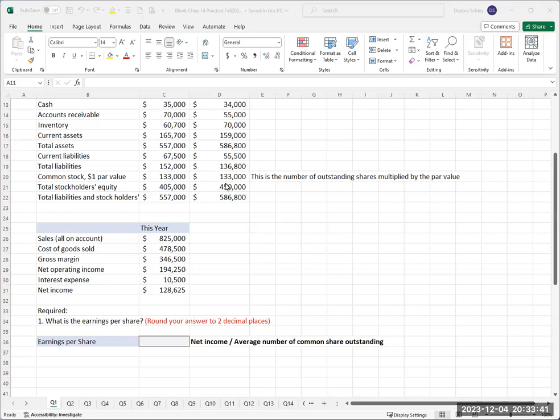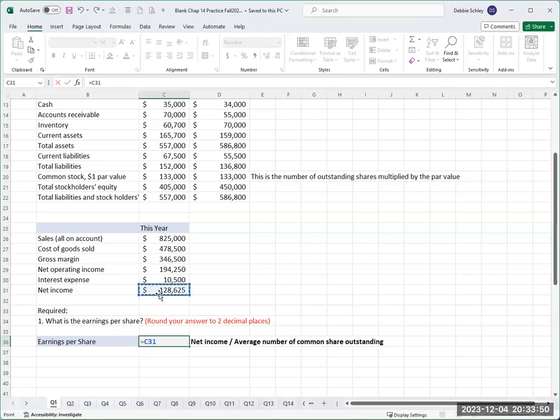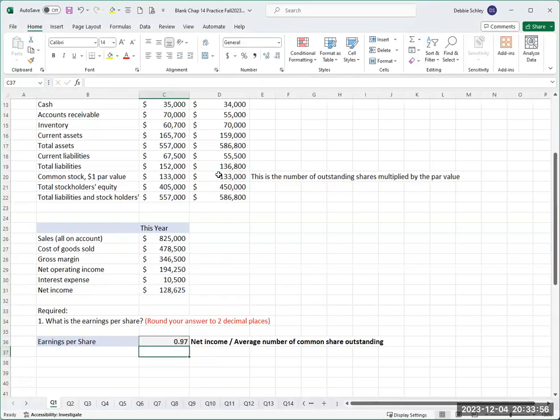But because the years are the same, my common stock par value is 1, I don't need to do that. So I'm simply going to take my net income divided by my number of shares of stock. So mine is 97 cents per share.